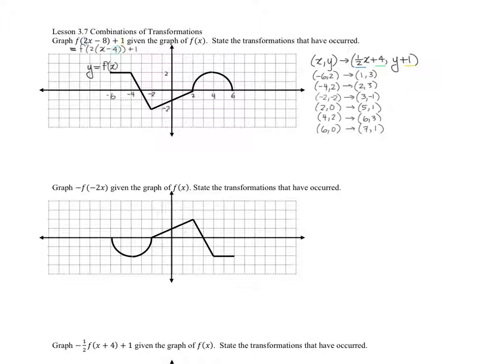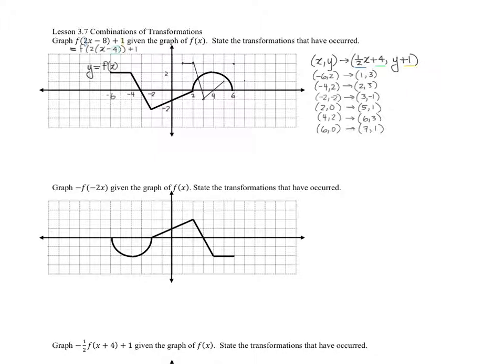Okay, so I'm just going to plot down these final points that I just got. So that's going to give me 1, 3, 2, 3, 3, -1, 5, 1, 6, 3, 7, 1. Okay, so I'm going to draw with a ruler if possible, like so, and then like so.